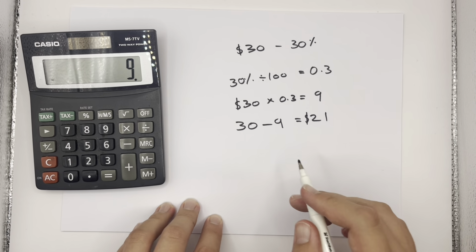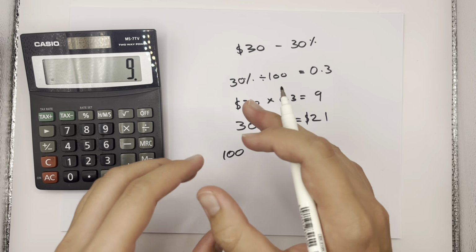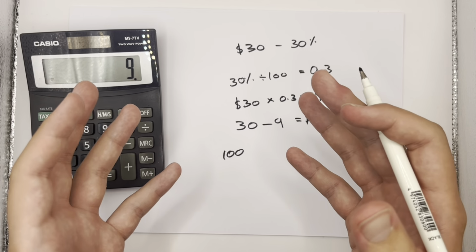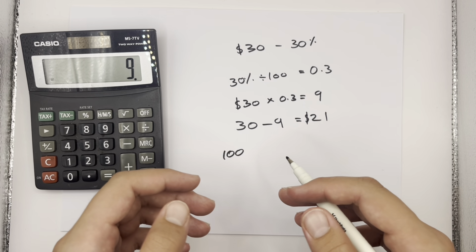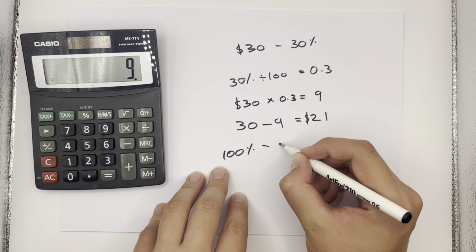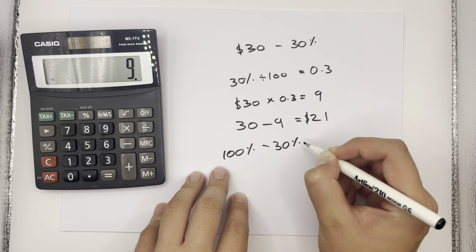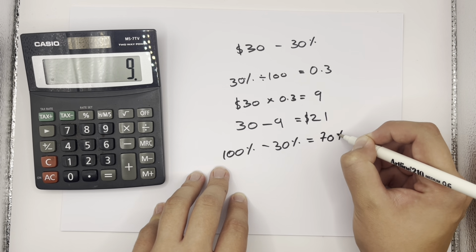And in this way we have 100%, so the whole t-shirt, all of it, 100% of the t-shirt cost $30. But if we know that it's 30% off, then we take off 30% from the 100. What does it give us? Well, it gives us 70%.